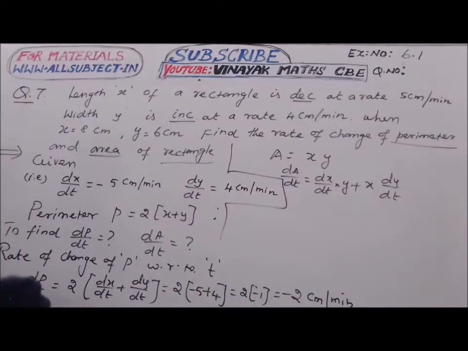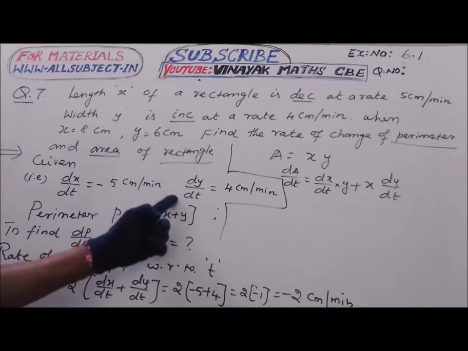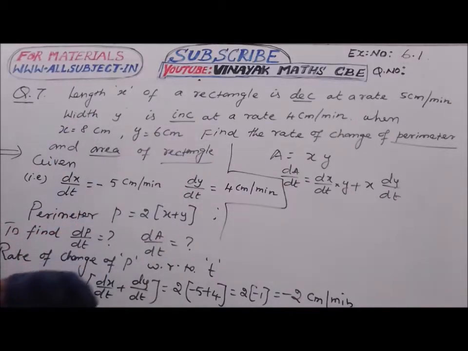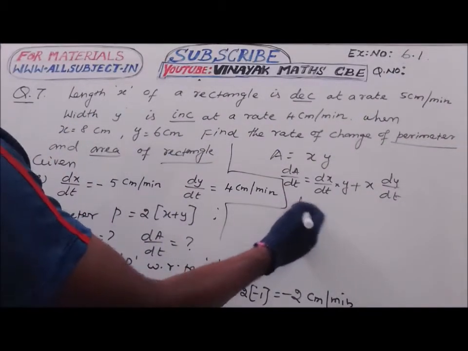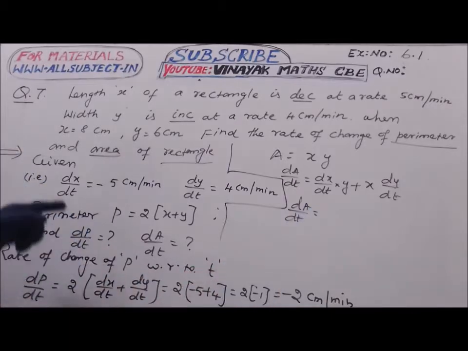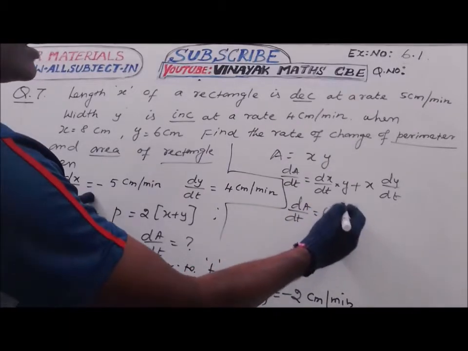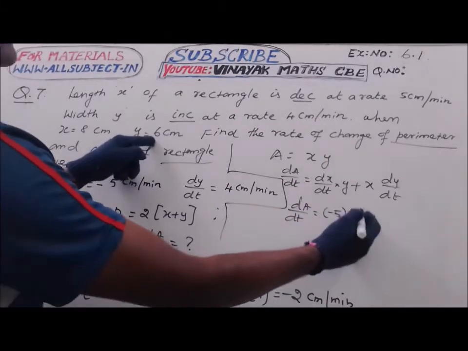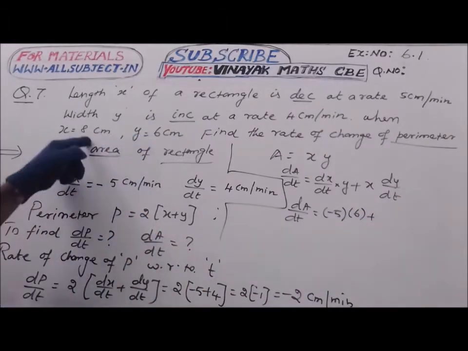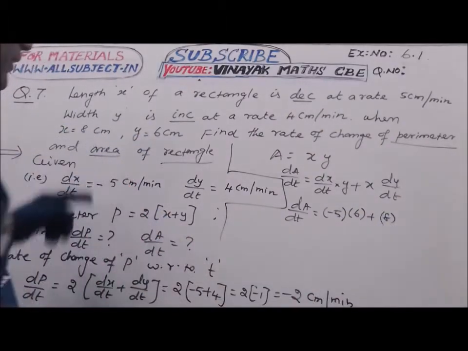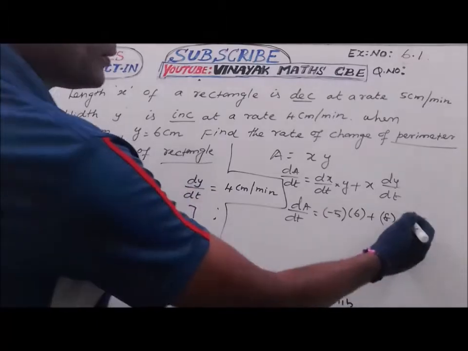Here substituting the given results dx by dt, dy by dt, and x and y, we will get dA by dt equal to, dx by dt is given as minus 5 and y is 6, plus x is 8 and dy by dt is 4.